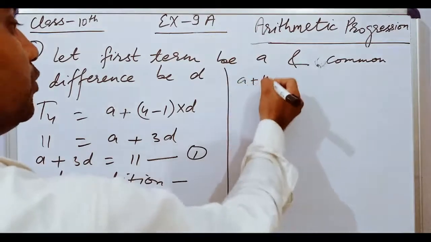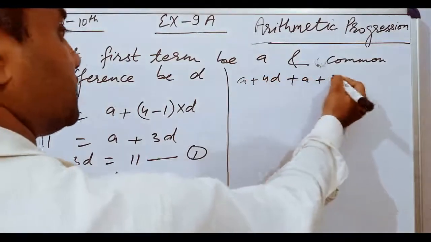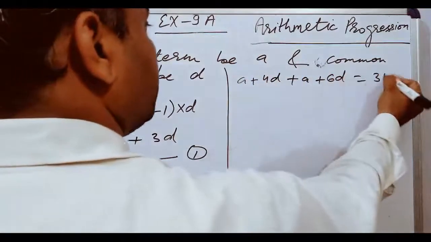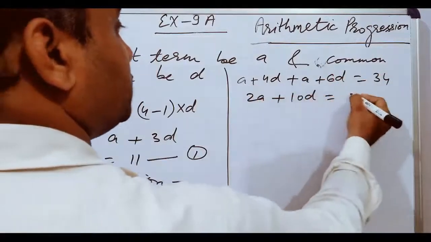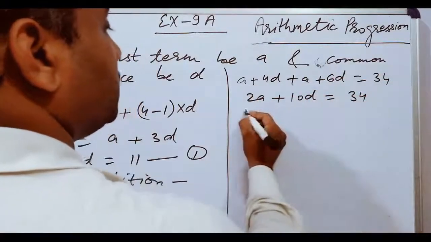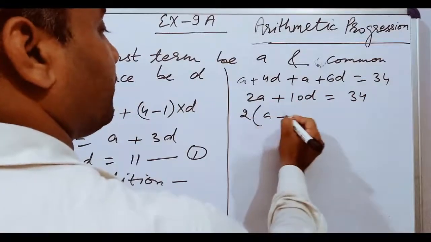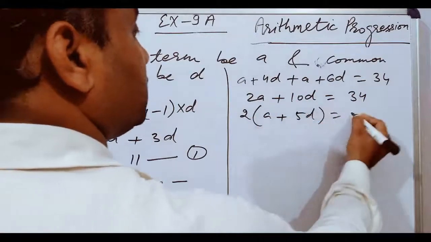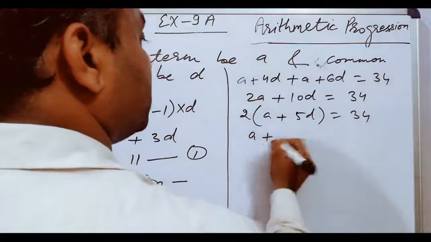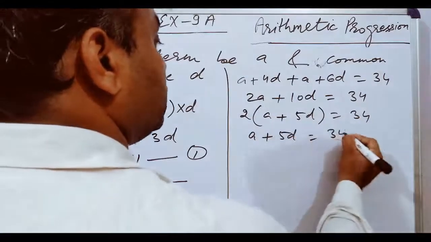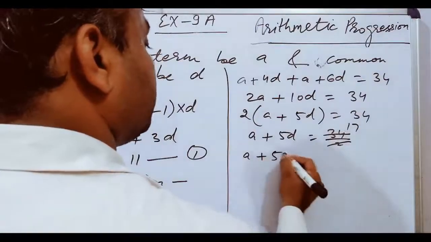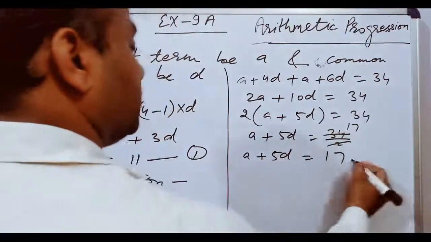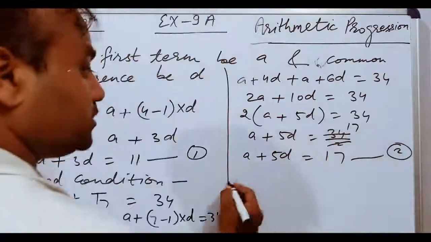A plus 4D plus A plus 6D equal to 34. It is 2A plus 10D equal to 34. Take 2 common: A plus 5D equal to 34 upon 2, which is 17. A plus 5D equal to 17. It is the second equation.